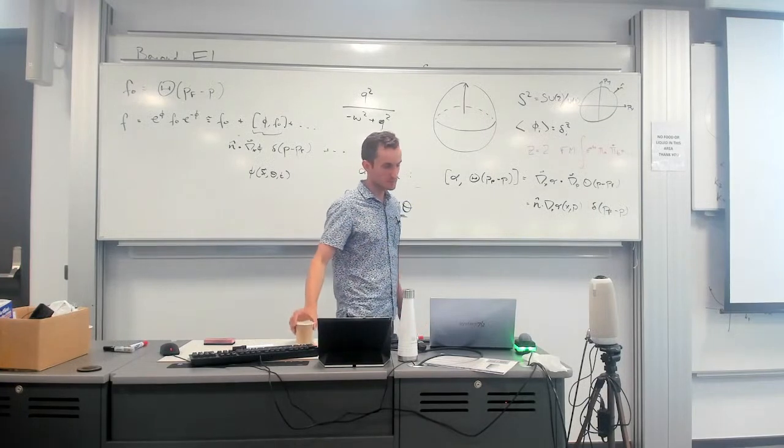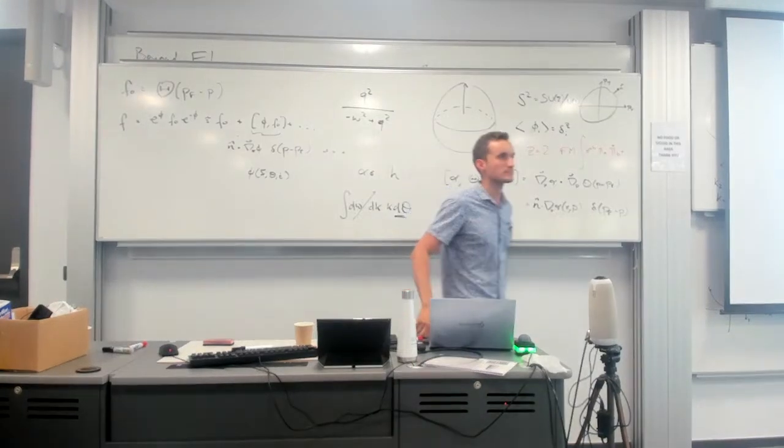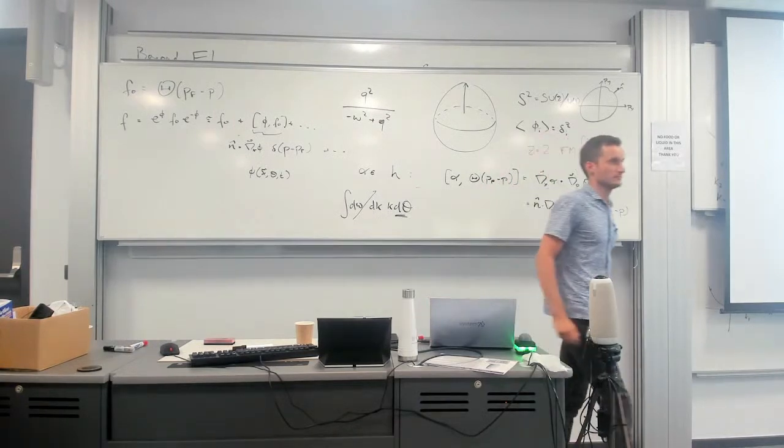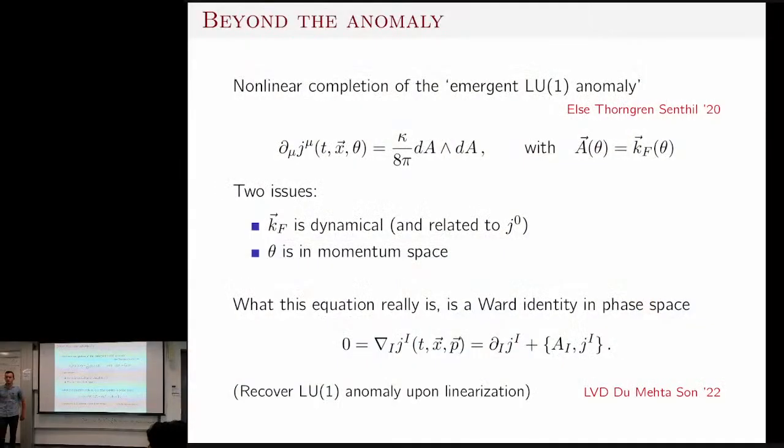Questions? So on your slide with the anomaly, you had the phase-based conservation law, and then I'm assuming you're linearizing like this Poisson bracket type. Yes, exactly. Do the higher order corrections depend only on A, or do they depend on J and the dynamics? Roughly speaking, it's what you'd expect. You plug in KF, KF is related to J, right?